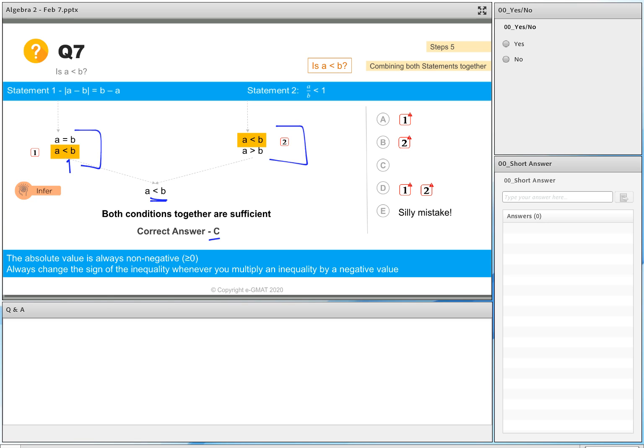How many of you think that to ace GMAT quant, you have to be a math whiz? Please mark with a yes or a no. Okay, very different answers.